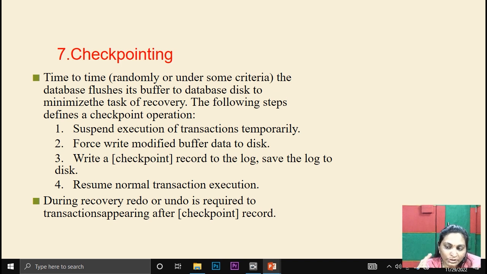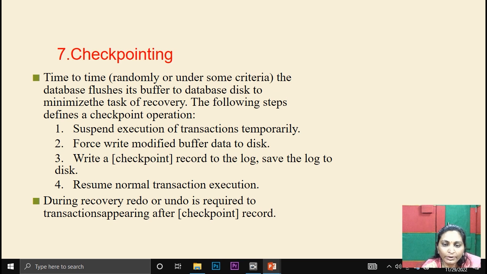The data modified up to that point in the buffer will be written to the disk. Whatever data has been changed or updated up to that checkpoint is written from the buffer to the disk. The buffer is nothing but temporary memory.